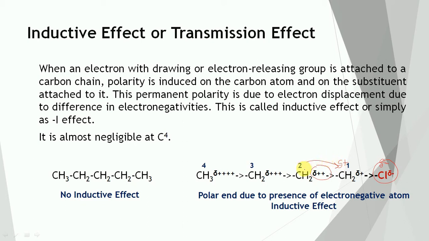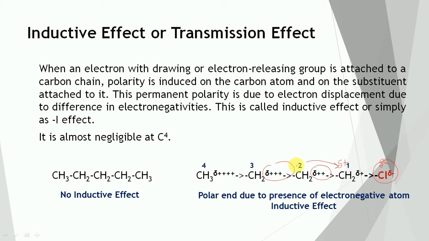Now the positive charge on C2 in turn attracts the electron pair of the bond between itself and C3, thereby C3 becomes slightly positive in charge. So this process of electron shift along the chain of atoms due to the presence of a polar covalent bond in a molecule is known as inductive effect.